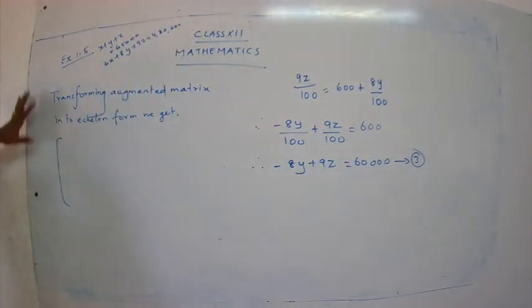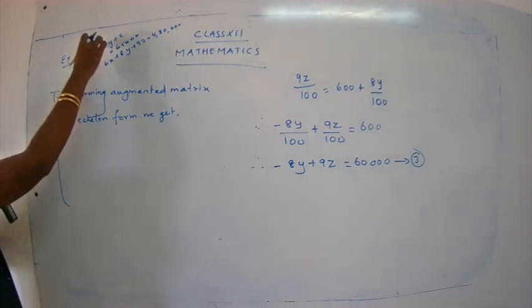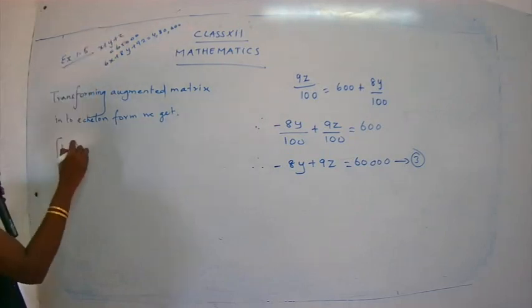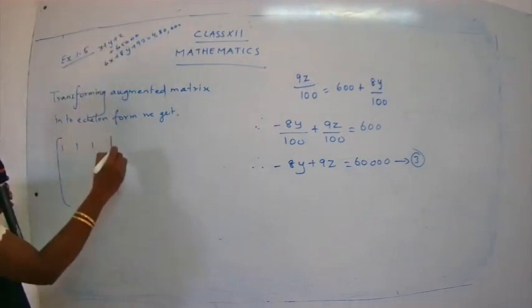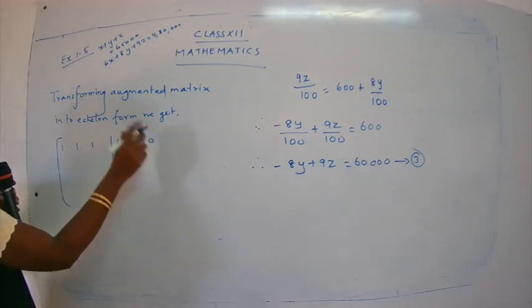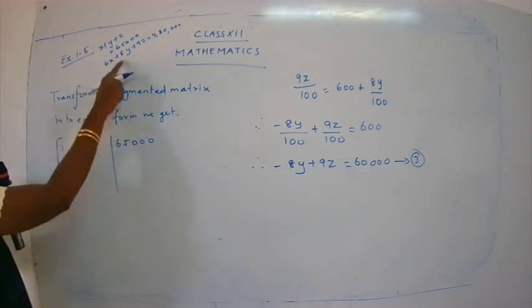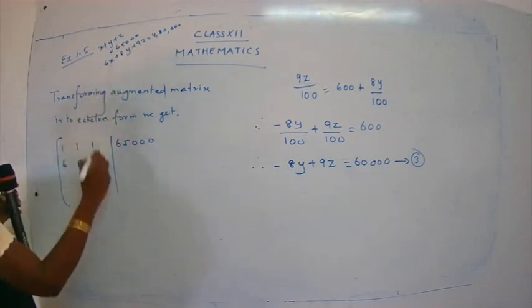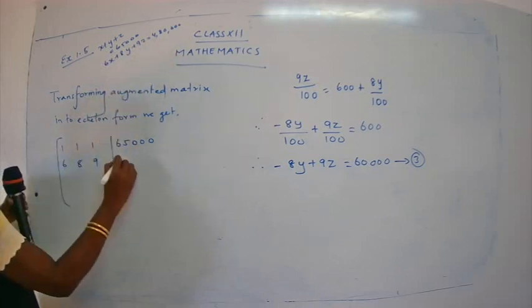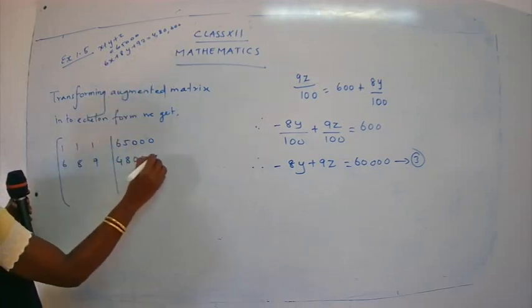So we are going to transform the matrix into echelon form. Let's write the augmented matrix here. Take the coefficients: 1, 1, 1, 65,000. Next, 6, 8, 9, 4,80,000.